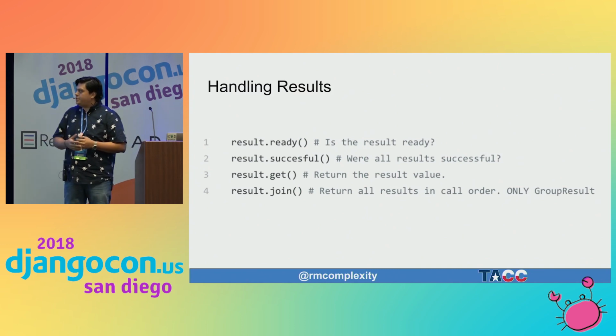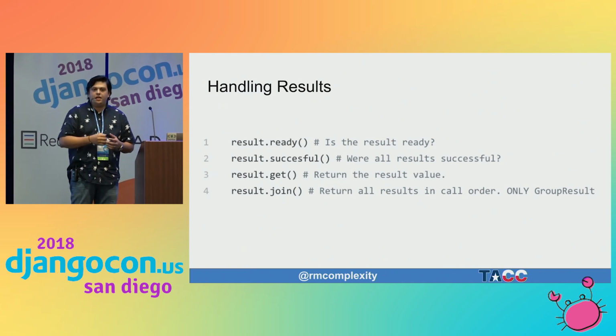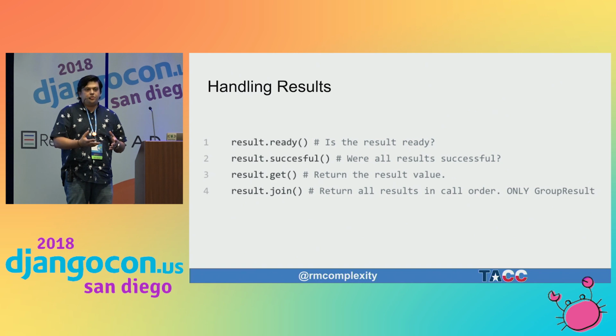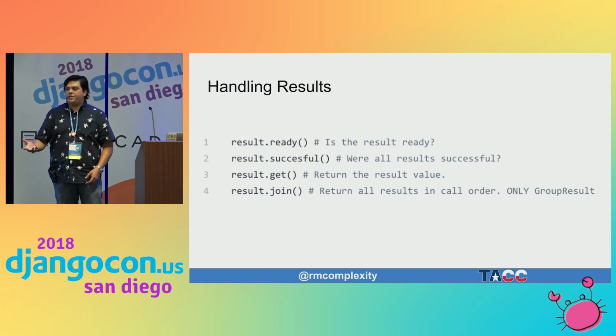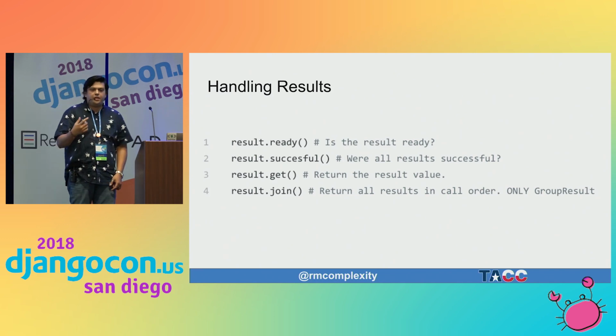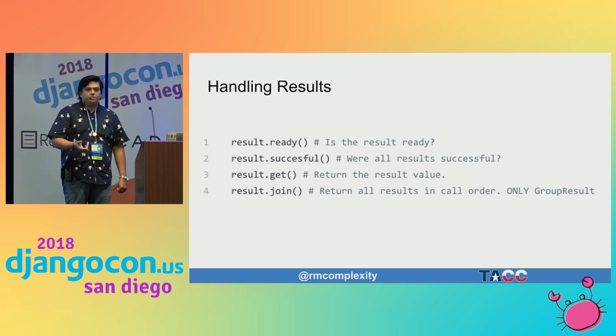So for both classes, we're going to have these different methods. The first one is to check if the result is ready, because all of this is running asynchronously, and we don't know when it is going to end. So we can continuously check if a result is going to be ready. We can also check if it has been successful.